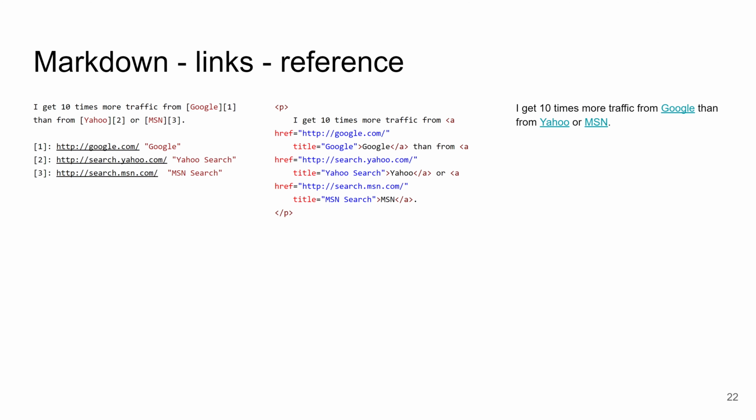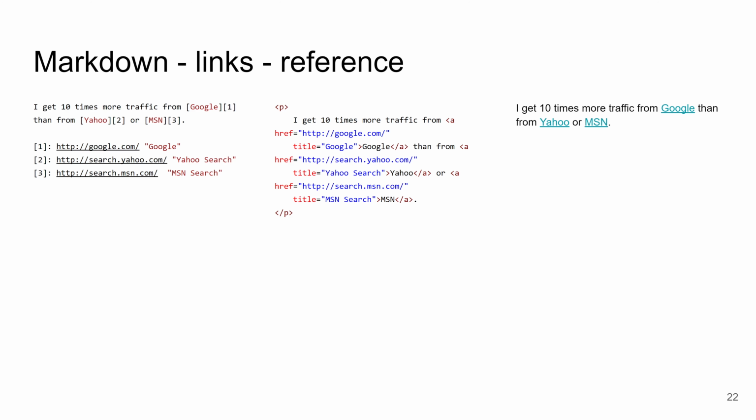You again surround the text with square brackets, but then with another pair of square brackets, you identify that link and you go on with your text. And then at the end of the whole Markdown document, you define the links, which are here in the example, they are identified by 1, 2, and 3, but the identifiers can be arbitrary.